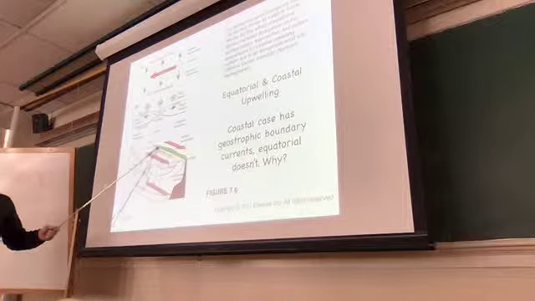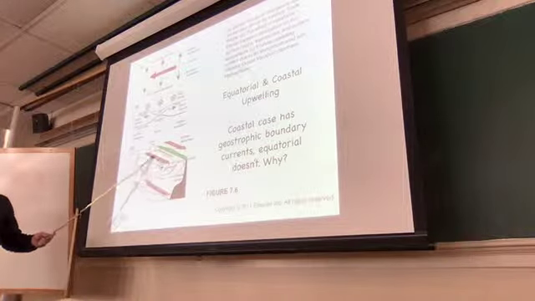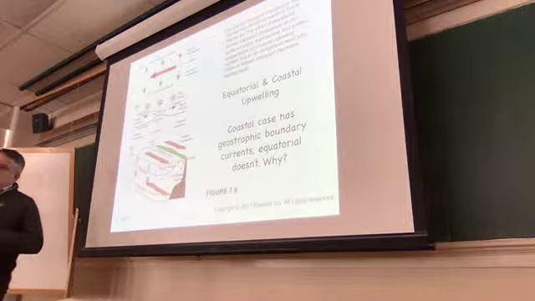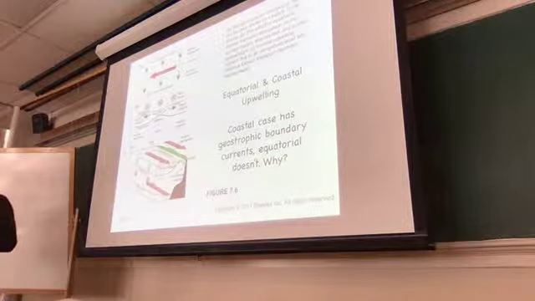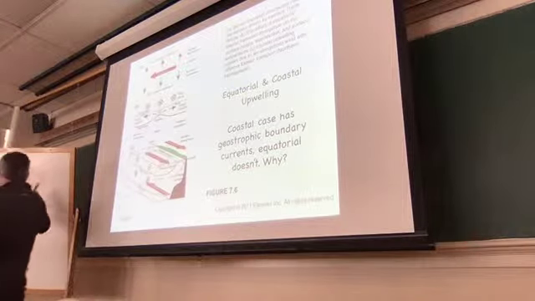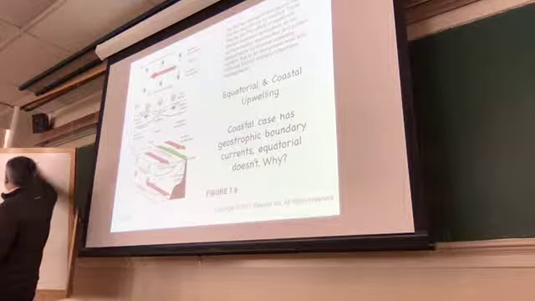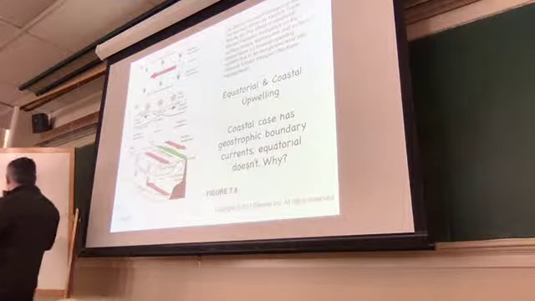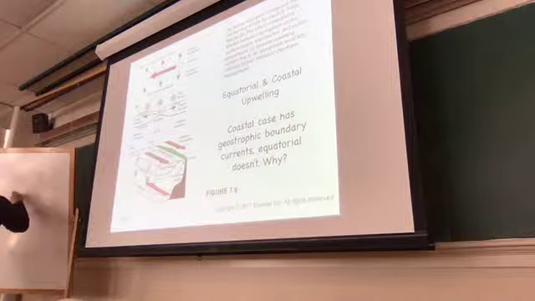If there's low pressure here and relatively higher pressure here, which way does the geostrophic flow go? We did this one, or we did the other one.